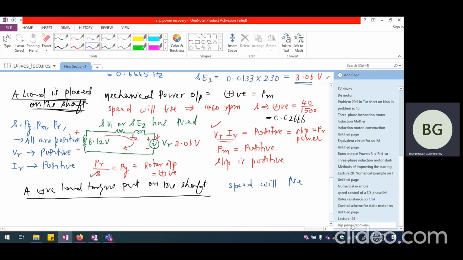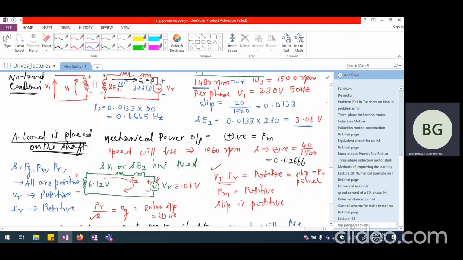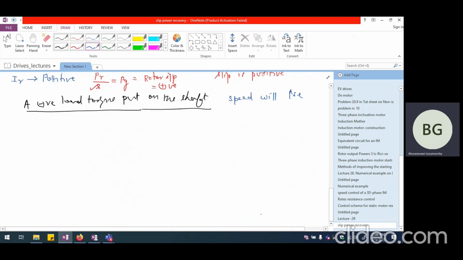So originally maybe the speed was 1480 RPM. That's what we said. Now from 1480, let us say the speed goes to 1490 RPM. So the speed has increased slightly. So the slip is going to be still positive, but it is going to be 10 divided by 1500. That is going to be the slip because 1490 RPM is the rotor speed.